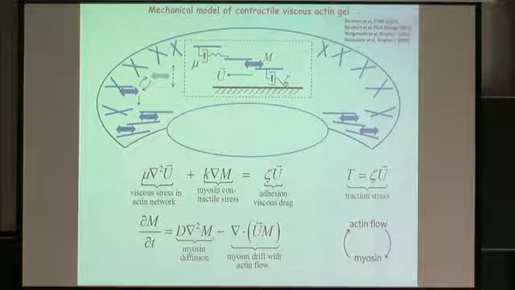So if you start deforming this network on the scale longer than a few seconds, every individual actin filament starts unbinding and flowing relative to other actin filaments, and the network becomes pretty much viscous. It's not necessarily a Newtonian viscous fluid, and it's certainly compressible. It's not incompressible.